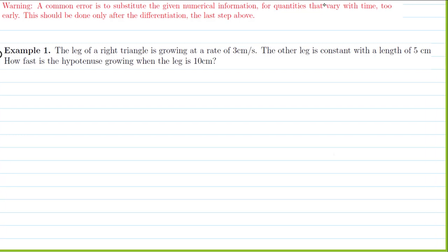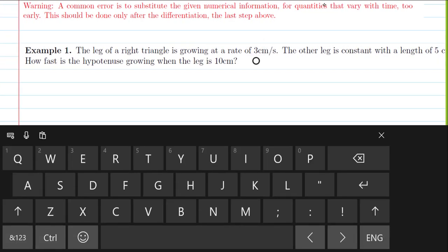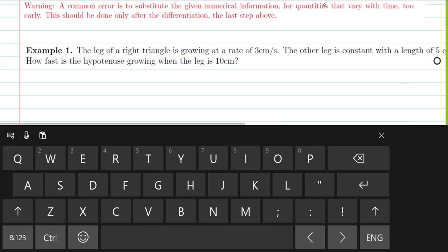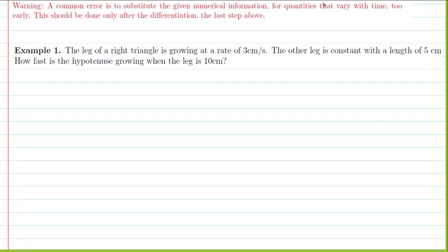The other leg is constant with a length of 5 centimeters. How fast is the hypotenuse growing when the leg is 10 centimeters? All right, so we'll draw a picture to help us get started.